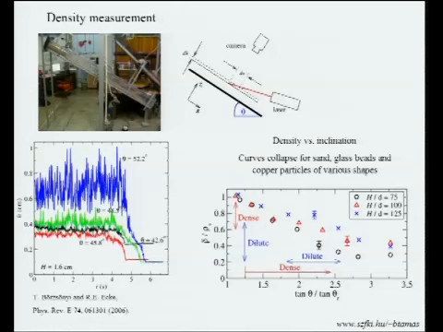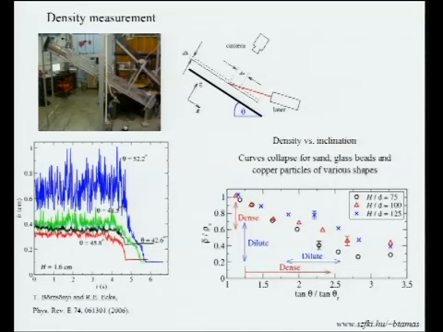So this is how we measure the mean density of the flow. We have this setup in which we shine a laser, and by the shift of the laser spot on the surface detected by this camera, we detect the flow height. And during stationary flow, this is the signal of the flow thickness that we have. And then we abruptly decrease the plane inclination, and everything freezes. And then we have the static height.